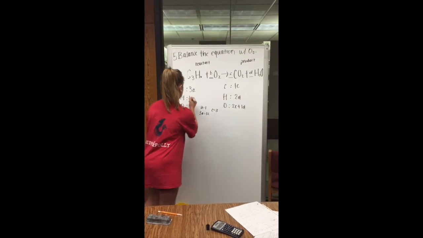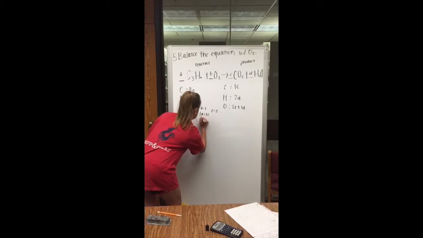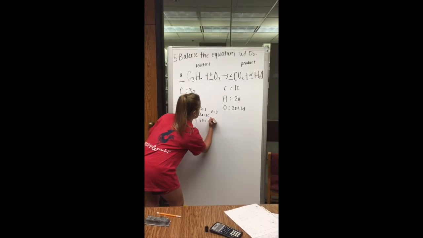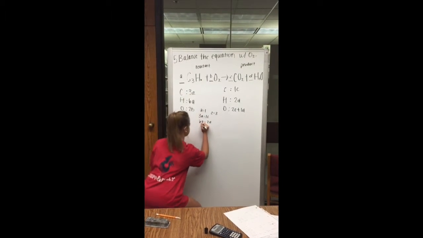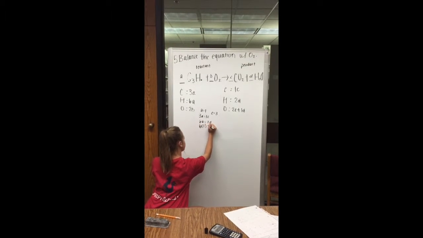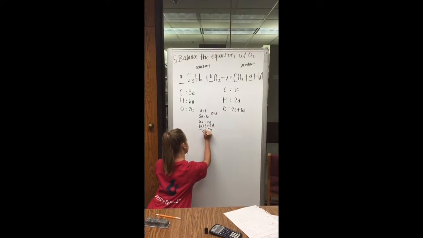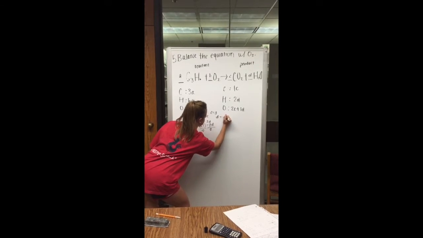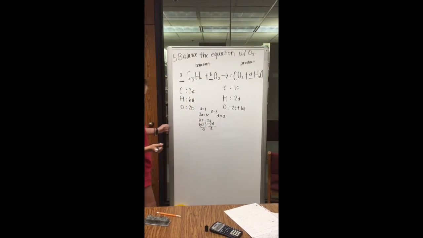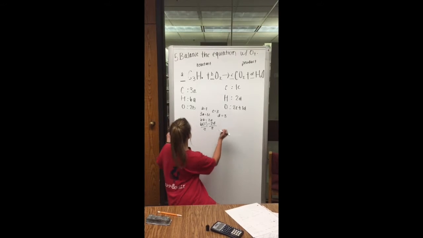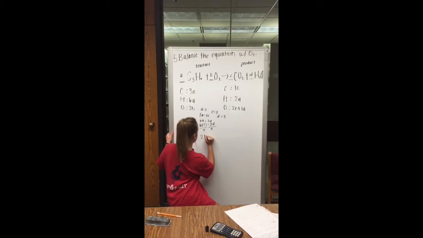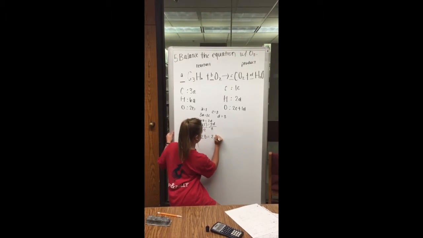And then 6A equals 2D. So 6 times 1 equals 2D, divided by 2, D equals 3. And then 2B equals 2C plus 1D.